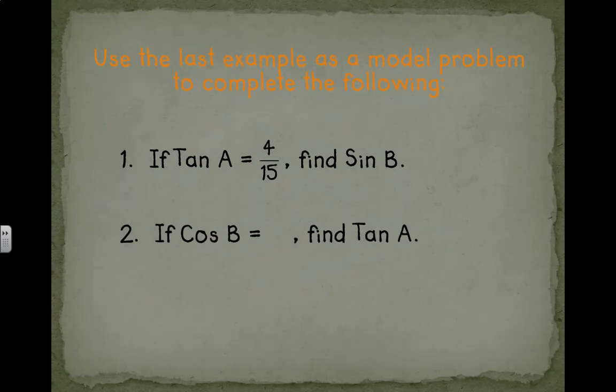And then next is, if cosine of B is equal to 9 over 13, then I want you to find the tangent of A. Use the last example to help you get prepared for these two problems, and work these two problems out. Pause your video, go back and watch the other examples if need be. So that finishes up one section for today.